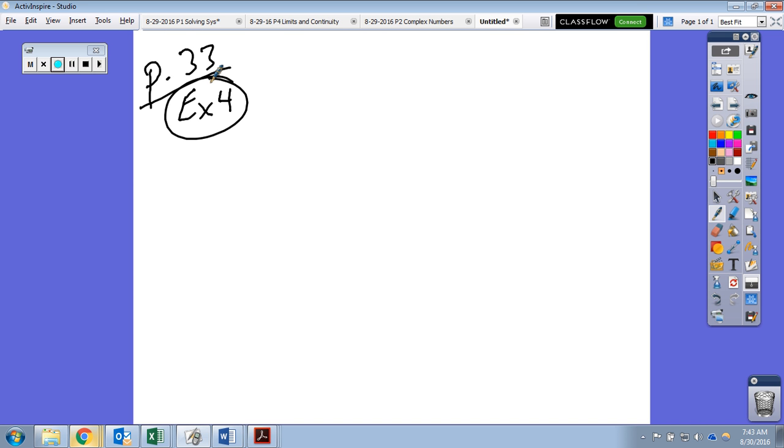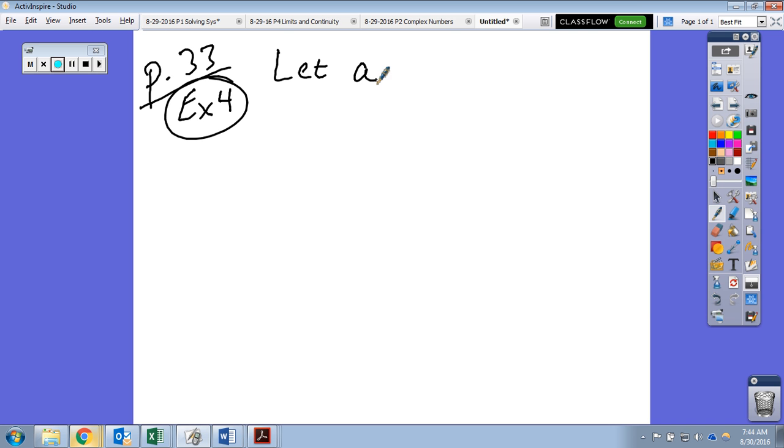Okay. I'm always going to choose something that makes life easy when I set my variables. But this is the verbiage you have. Let A be... now, do we want A to be the number of seats in section A? Because we know how much each seat in section A costs. So what's the unknown? The unknown, I think, is the number of seats. How many seats are in each section?